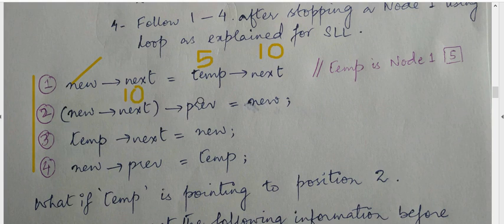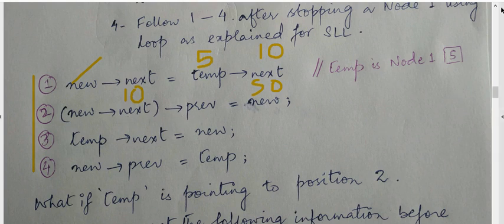So what we are saying is, in the previous of 10, you put 50. You could do it the other way around also. Since temp to next is also 10, you could do temp to next to previous.